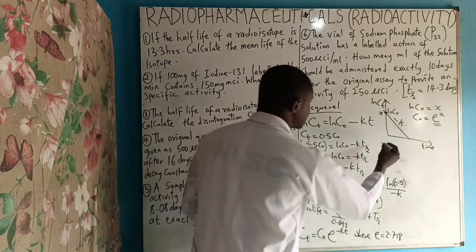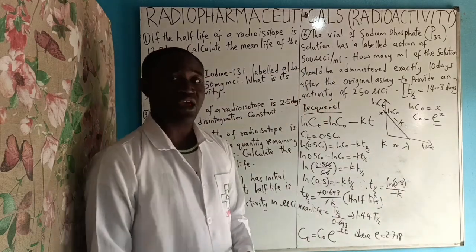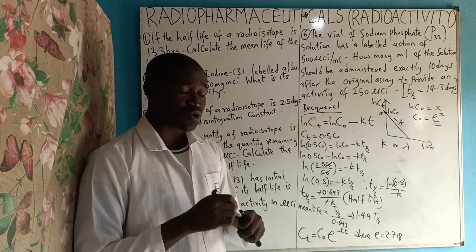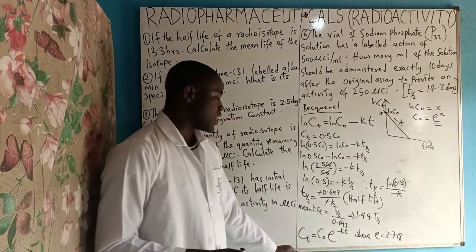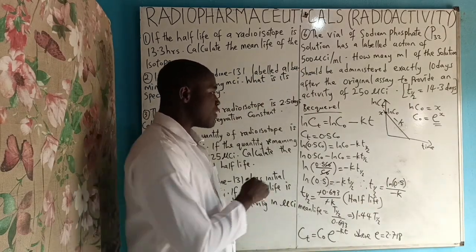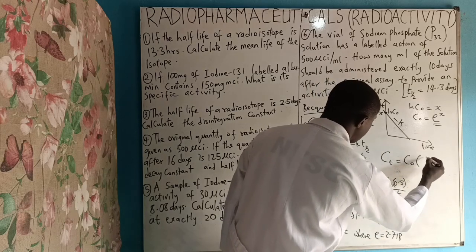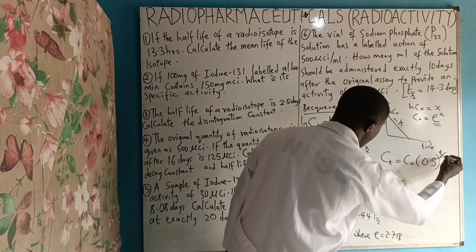You can call it K, or you can call it lambda. You can call it any letter you want, but whichever letter you put there, know that it represents the decay constant. Now, this formula is equivalent to Ct equals C0 times 0.5 raised to the power of t over half-life.